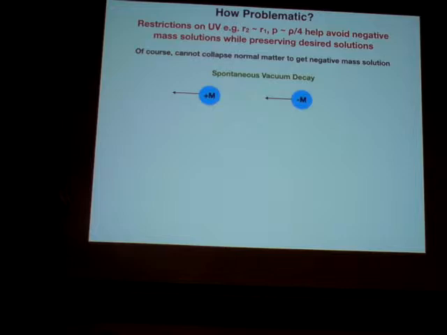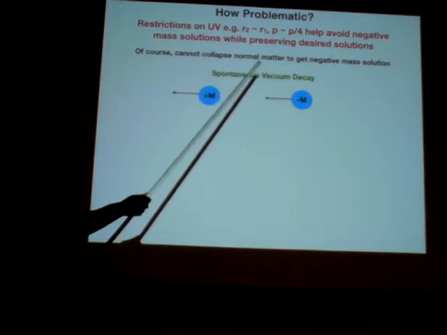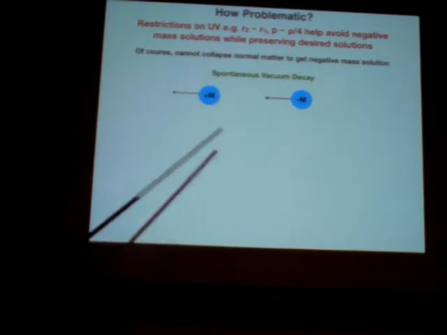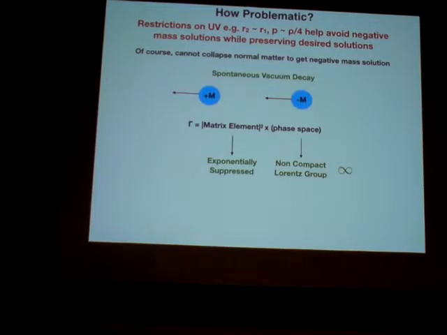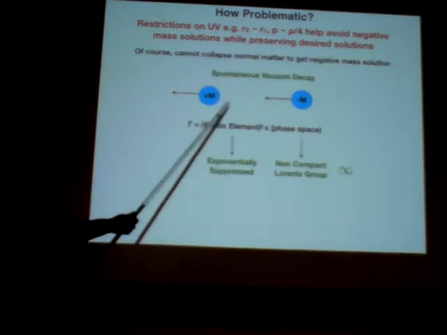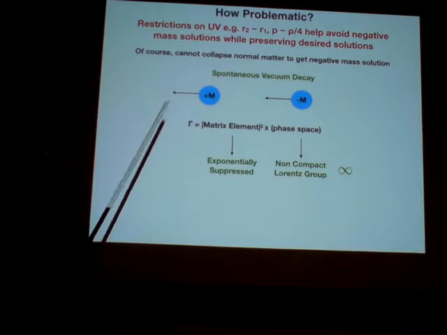The reason why you worry about this is basically spontaneous vacuum decay, right? You can basically have a positive mass black hole and a negative mass black hole pop out of the vacuum, and they both move in the same direction, which then conserves both energy and momentum. And the problem with such a process is that it probably has a very, very small matrix element. Okay, it's exponentially suppressed, creating this crazy classical solution, whatever.